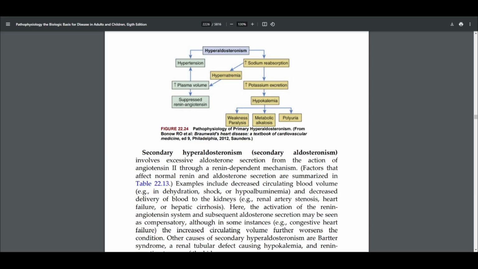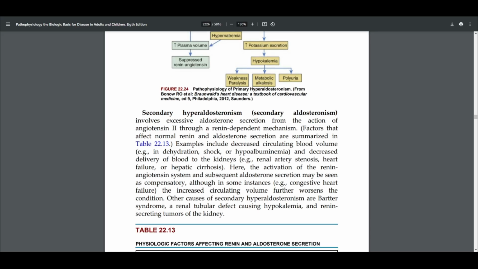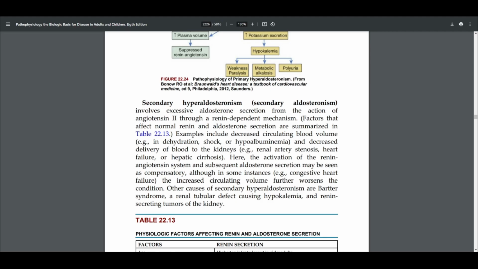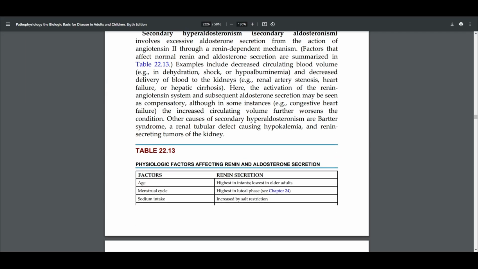Here, the activation of the renin-angiotensin system and subsequent aldosterone secretion may be seen as compensatory, although in some instances the increased circulating volume further worsens the condition. Other causes of secondary hyperaldosteronism are Bartter syndrome, a renal tubular defect causing hypokalemia, and renin-secreting tumors of the kidneys.